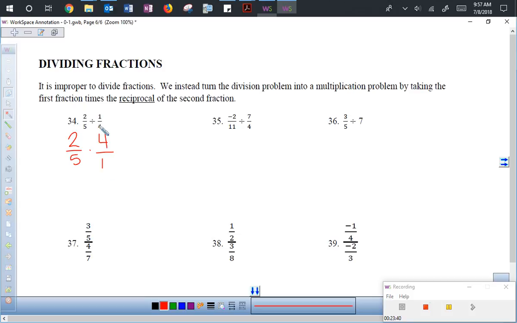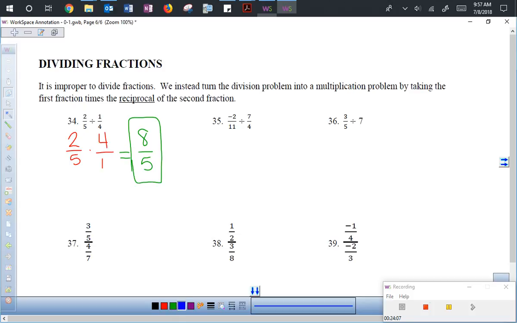So 1 over 4 is actually 4 over 1. So 2/5 divided by 1/4 is the same thing as 2/5 times 4 over 1. Now we can multiply those two together. So 2 times 4, numerator times numerator, is 8, over 5 times 1, denominator times denominator, which is 5. Check to see if it can reduce, and box your answer.